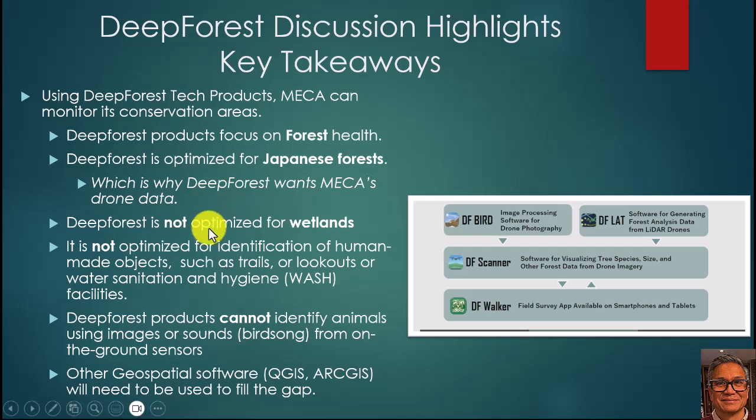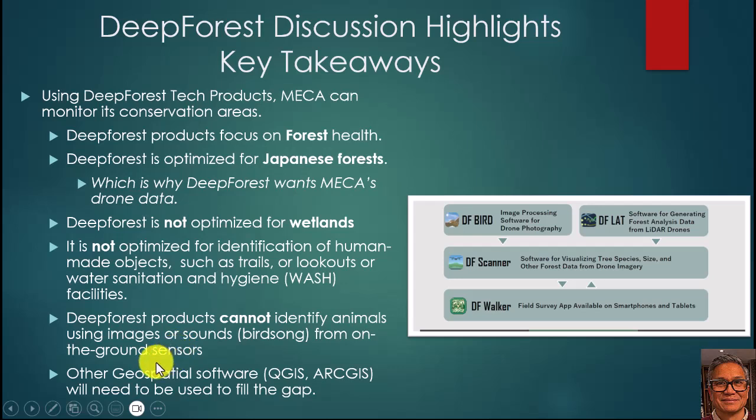DeepForest is not optimized for wetlands. It is not optimized for identification of human-made objects, such as trails or lookouts, or water, sanitation, and hygiene (WASH) facilities. DeepForest products cannot identify animals using images or sounds from on-the-ground sensors.